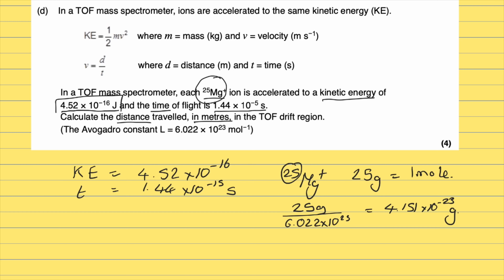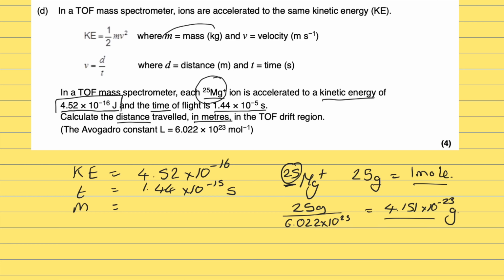Okay, that's because Avogadro's number tells us the number of particles in 1 mole. We know that the mass number here is the mass of 1 mole in grams, because the relative atomic mass or the mass number of anything is the mass in grams. So we can write this here.